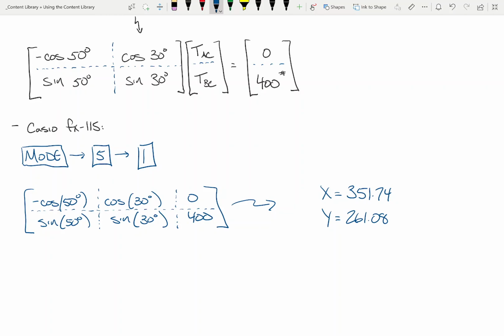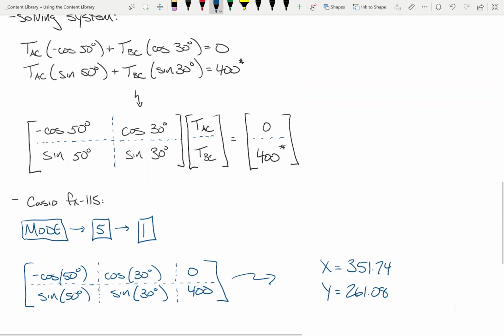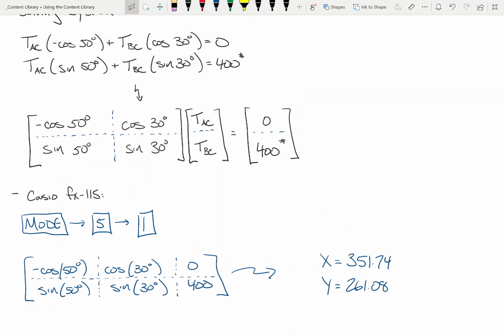Okay. Now, when we wrote the equations, we were very methodical in the order in which we wrote them. For example, equation 1 has TAC first, then TBC. And if you notice, we were very methodical throughout the whole problem to preserve that order. We wrote the vectors in that order.